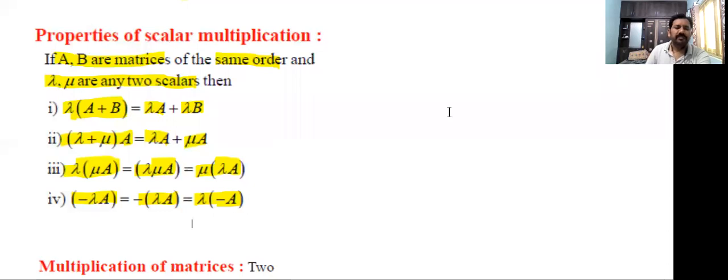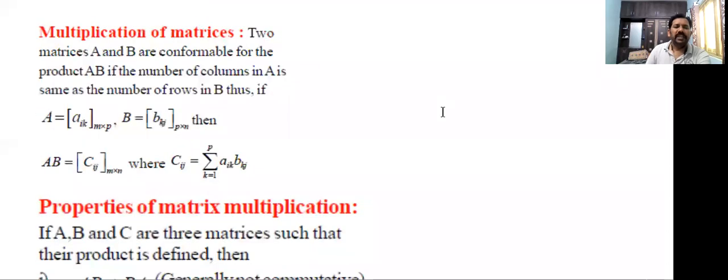Next, multiplication of matrices. When do two matrices exist for multiplication? See here the definition. Two matrices A and B are conformable for the product or multiplication.